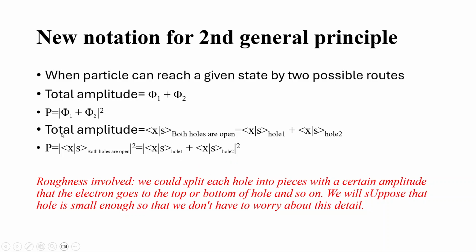Roughness is involved. We could split each hole into pieces with a certain amplitude that the electron goes to the top or bottom of the hole and so on. We will suppose that the hole is small enough so that we don't have to worry about this detail.